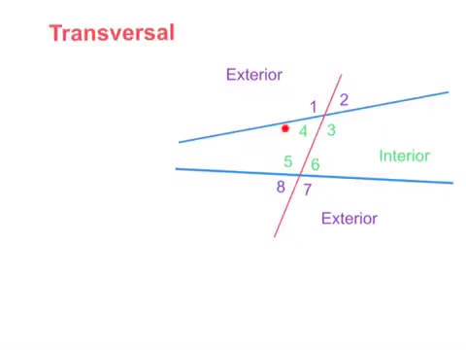We could also look at angles 1, 4, 5, and 8. All of these angles are on the same side, and 2, 3, 6, and 7 are on the same side. But angles 2 and 1, they're both exterior, but they're on opposite sides, so we say alternate.